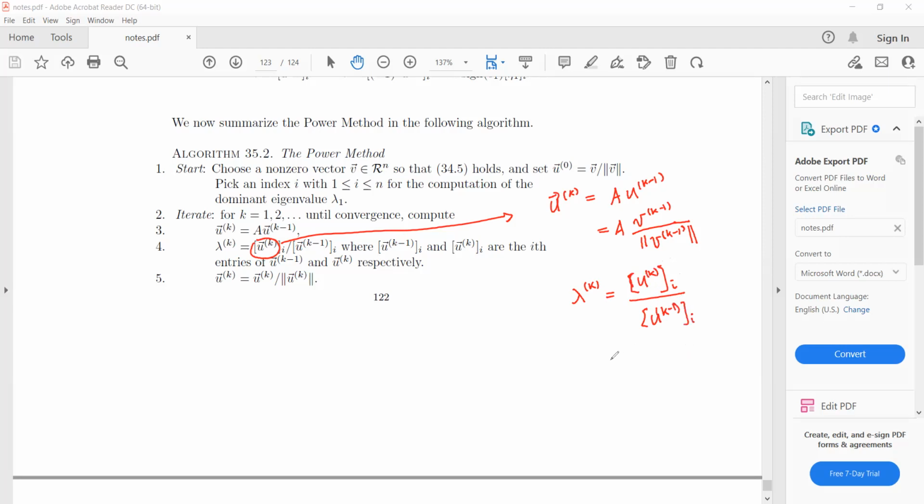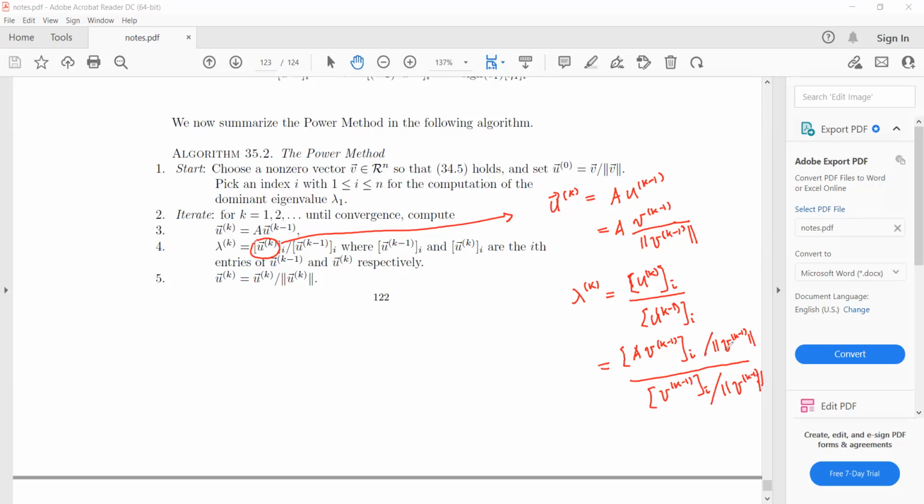The ith entry of this UK is A times V K minus 1, the ith entry, divided by this number. And UK minus 1 is V K minus 1, the ith entry over the norm of V K minus 1.